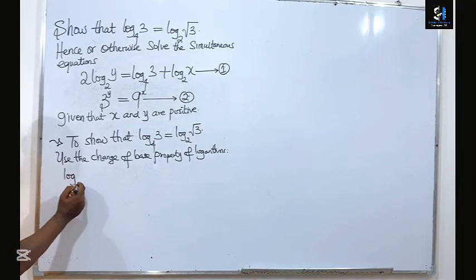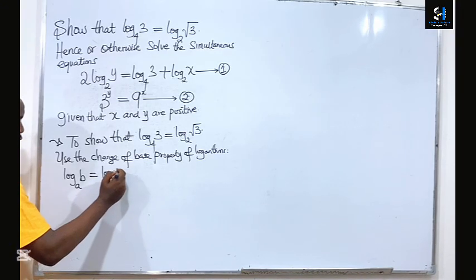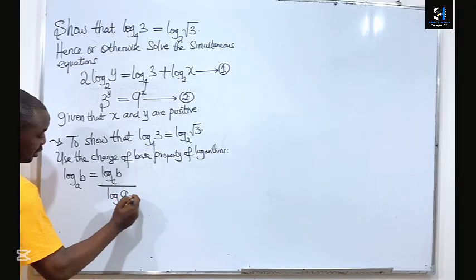That is, if we have log to base a of b, this will be equal to log to base c of b divided by log to base c of a.